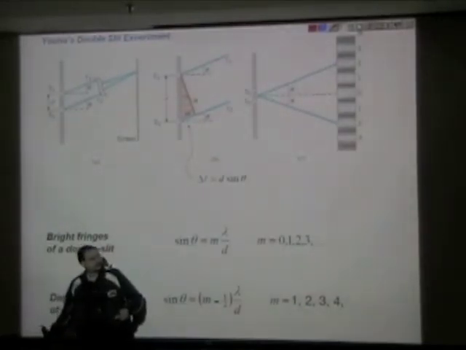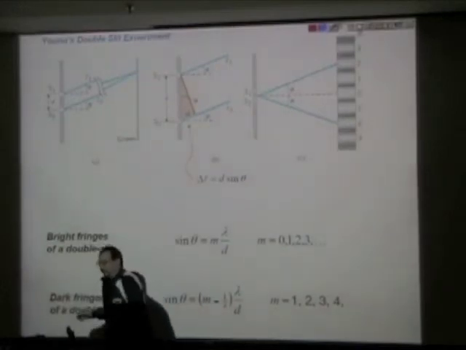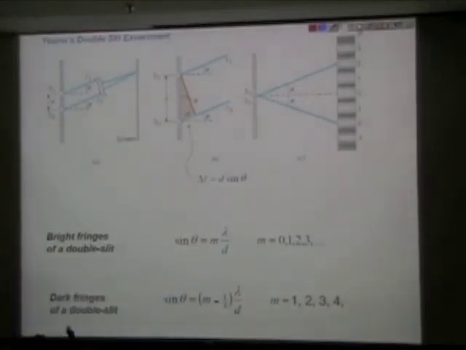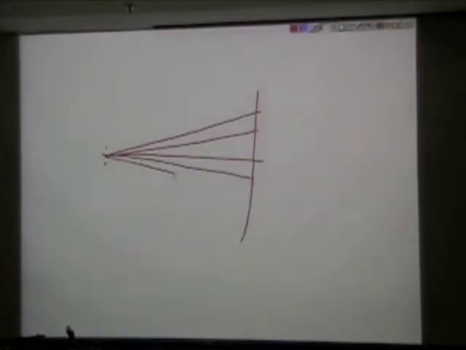What about distance? Well, it's easy. So this is situation number 1. That's the central line, the first minimum or maximum. What is happening to the pattern if we move the screen closer? If we move the screen closer, we do not change the angles between the rays.